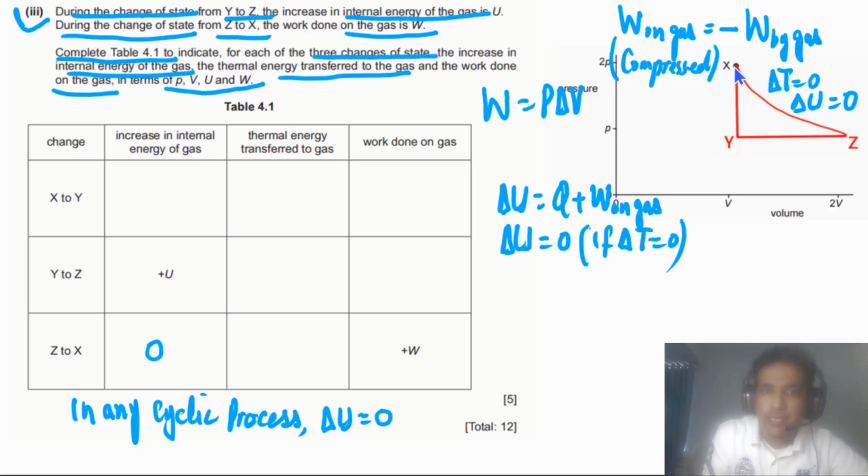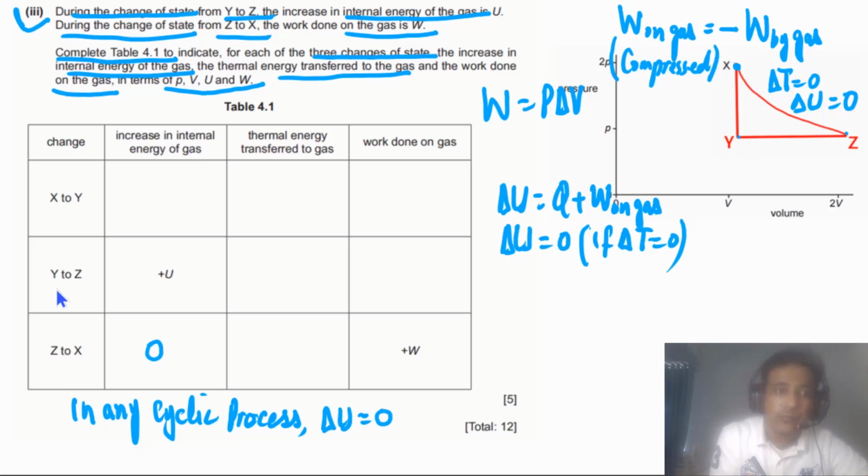It simply means that if we start from state X, go to state Y, then go to state Z, then come back to state X, the same state, the change in temperature is equal to 0, and so delta U is equal to 0.